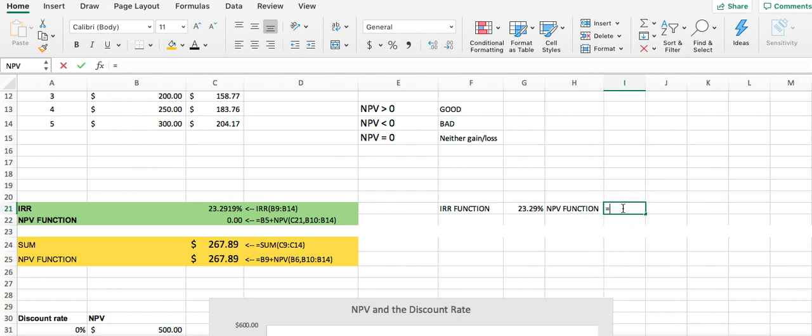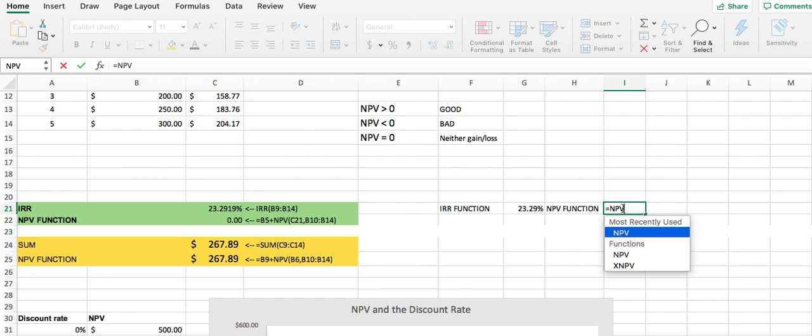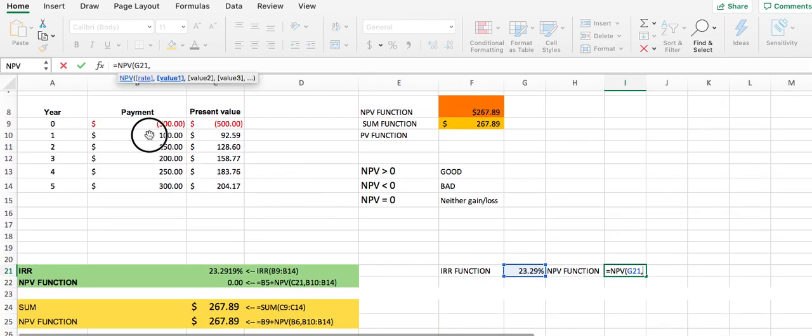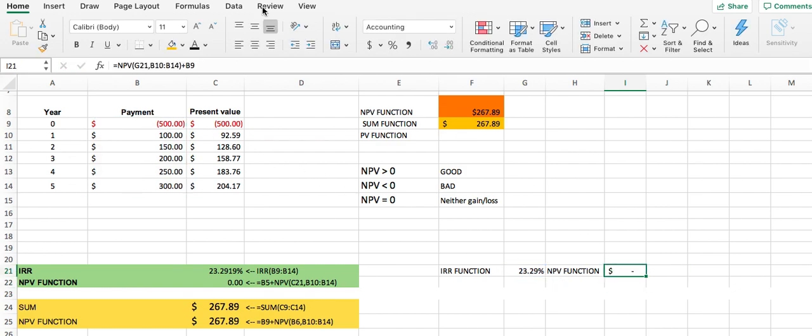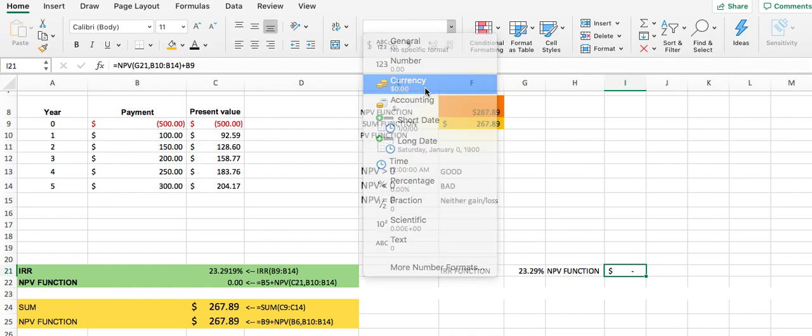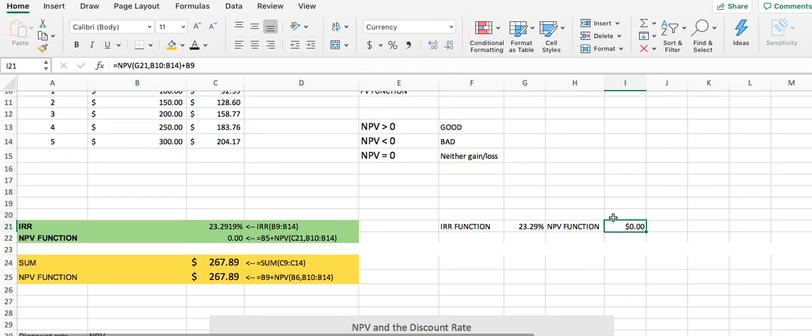So here we're going to do the present value with this discount rate and these values plus the initial deposit investment, and see how this gives me 0. So at $0 we have a rate of return of 23%.